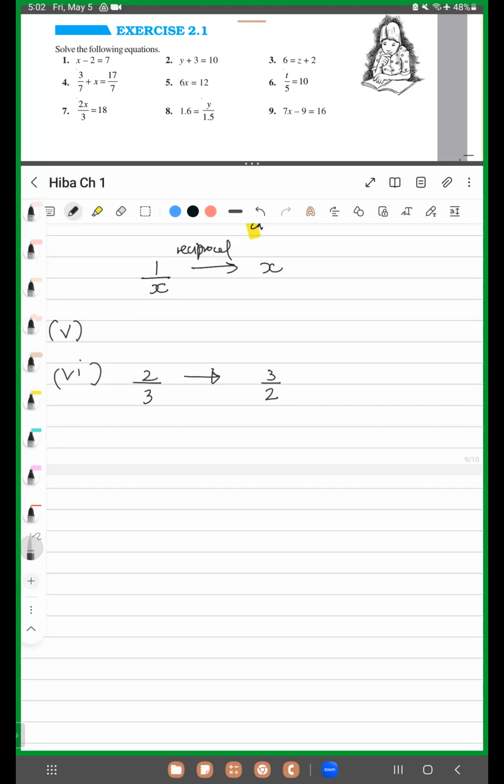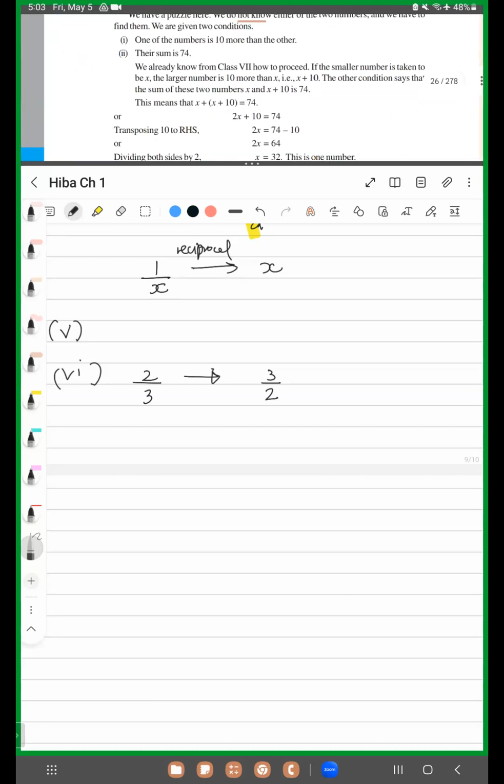अब आप मुझे सेकंड चैप्टर के बारे में बताइए. Okay, wait a second. So the 2.1, the whole exercise is there, and 2.2 it is omitted. Full 2.2 is omitted. Okay.